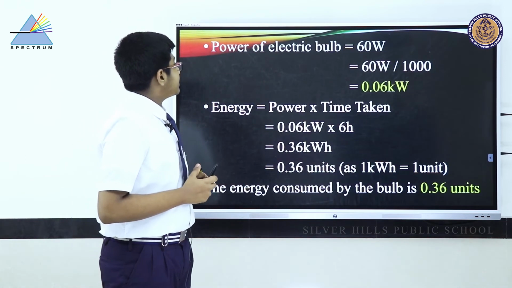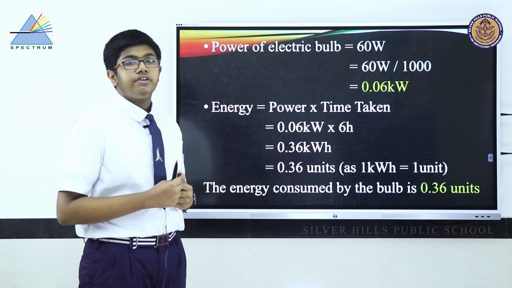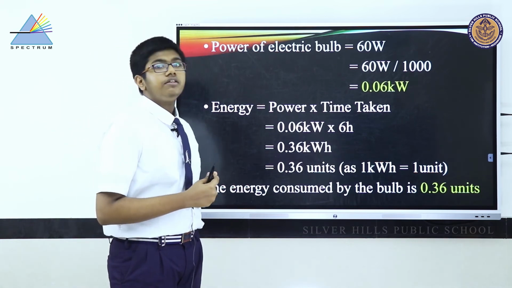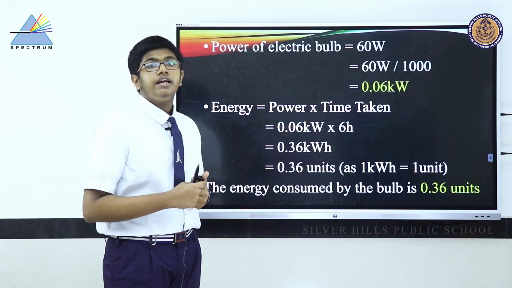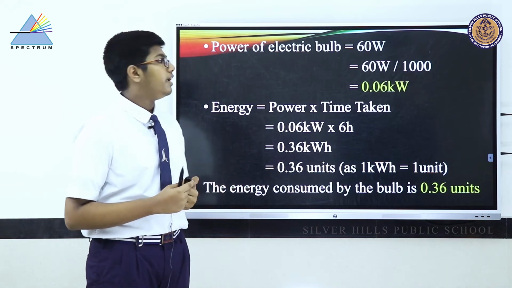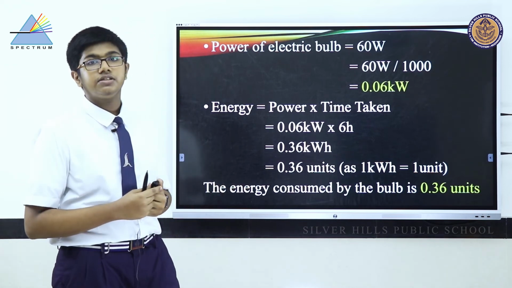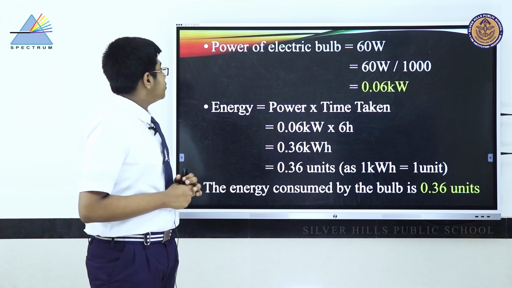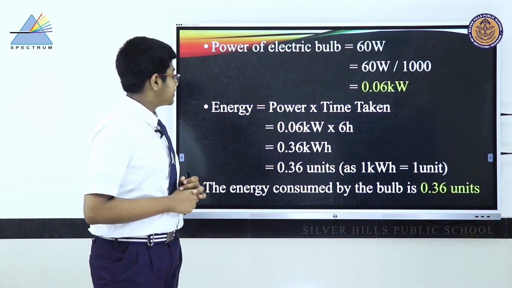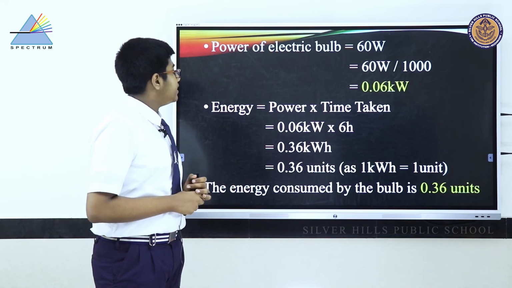The power of the electric bulb is 60 watt, given in the question. Now we are converting that into kilowatt. To convert watt into kilowatt, we have to divide it by 1000. So 60 watt divided by 1000 gives 0.06 kilowatt. Energy is equal to power into time taken. Here power is 0.06 kilowatt and time taken is 6 hours.